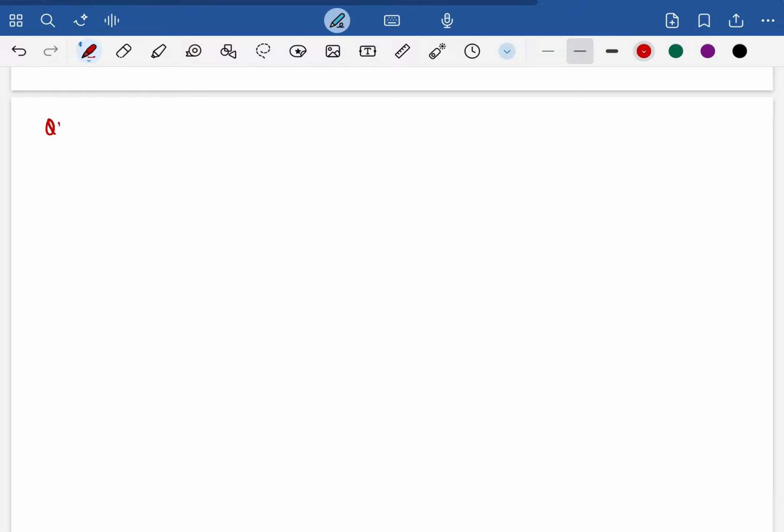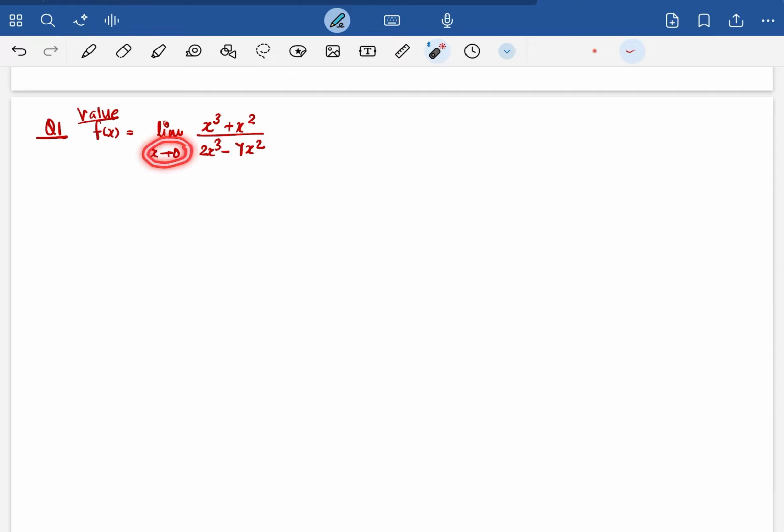So question number 1 is like this. Let's say the function is given as the limit as x tends to 0 of (x cube plus x square) upon (2x cube minus 7x square). So basically this is asking you the value of f(x), and here you can see the limit tends to 0.